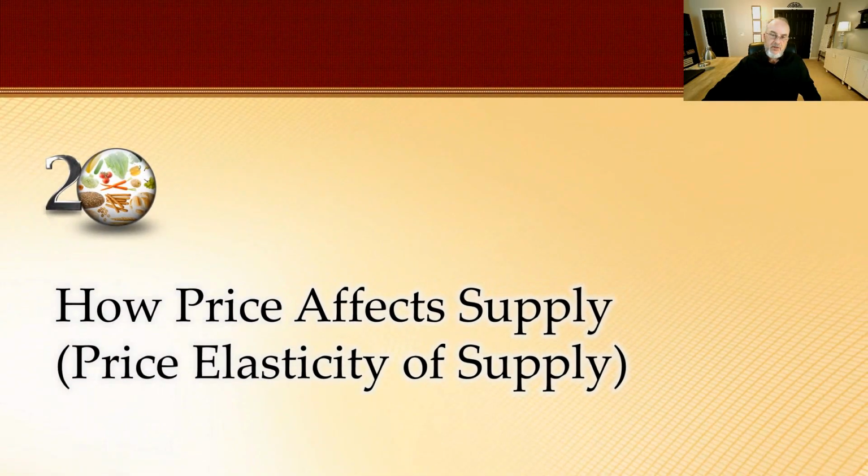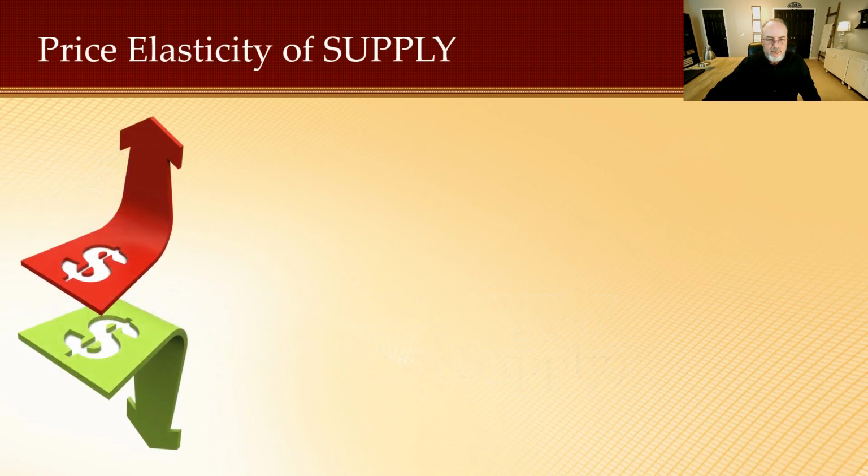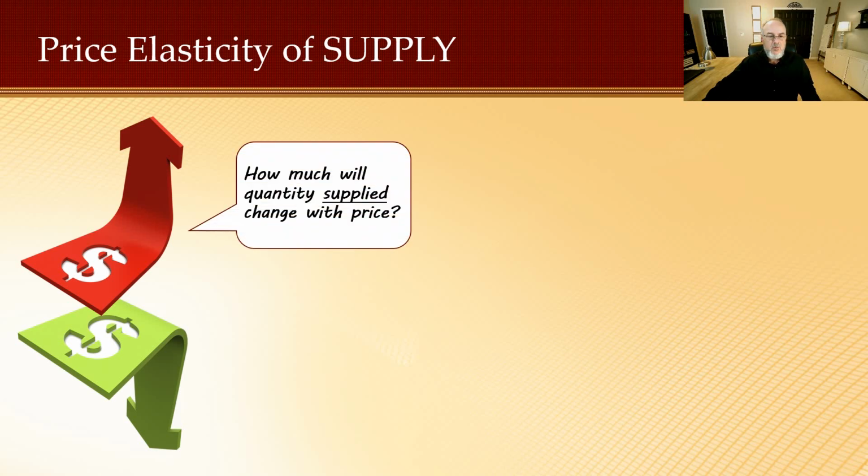Now let's switch gears here and talk about supply, the supply side, what we're going to produce and put on the market, not necessarily what we're going to buy. With price elasticity of supply, the question we're asking is how much will quantity supplied change when the price changes?